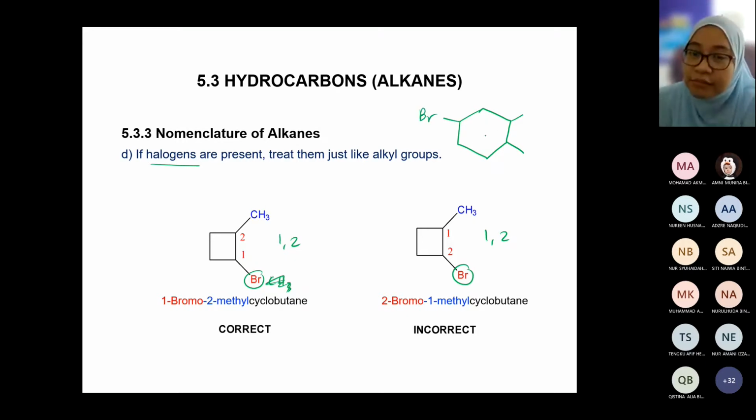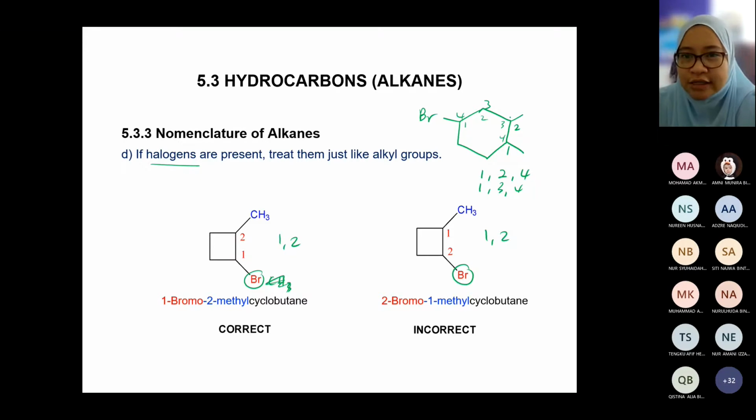Okay, you have to try numbering. Let's say you do 1, 2, 3, 4. You will get 1, 3 and 4. Let's say you start numbering from here, this methyl group. 1, 2, 3, 4. What do you get? 1, 2 and 4.